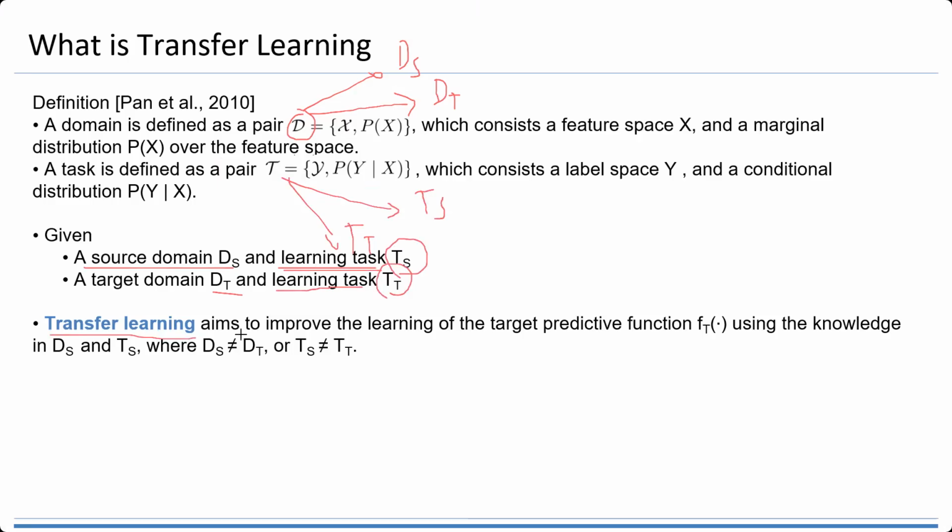So transfer learning aims to improve the learning of the target predictive function, which is FT, using the knowledge in DS and TS.